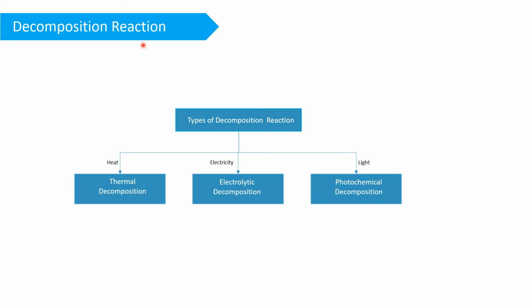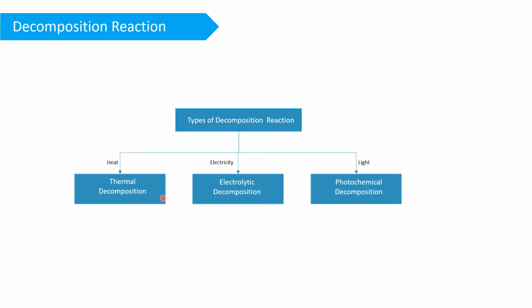If the decomposition reaction is carried out in the presence of light, it is called photochemical decomposition or photolysis. So the three necessary conditions for decomposition are heat, electricity and light. One by one, we are going to see examples for each type.